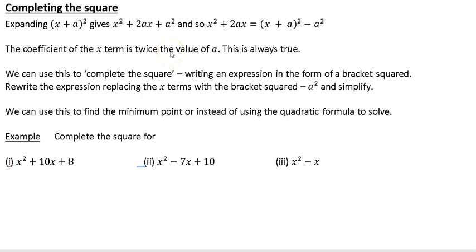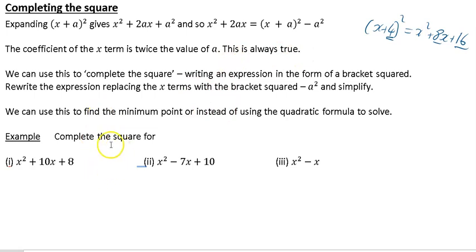So for example, if I was to do (x + 4) all squared, it would give me x squared plus 8x plus 16. So notice this 8 is twice this 4, and this 16 is this 4 squared. Okay, so if we have a look at this and how we can use this.